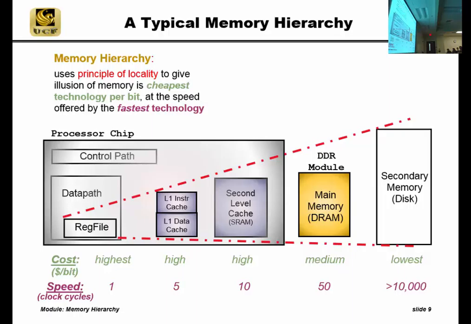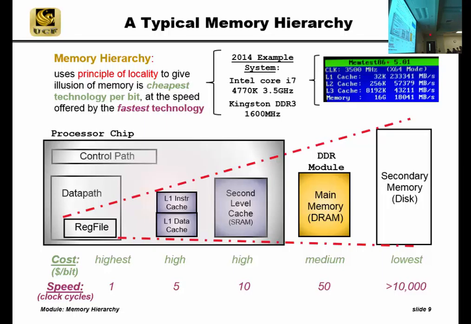Okay. So here are some real numbers. It's actually from the board that replaced the one I passed around before. When I bought the new board, I just ran this to see what's going on, and what speed processor was this? How many gigahertz? 3.5 gigahertz, awesome. And here you can see cache capacities, and you can see the bandwidth.